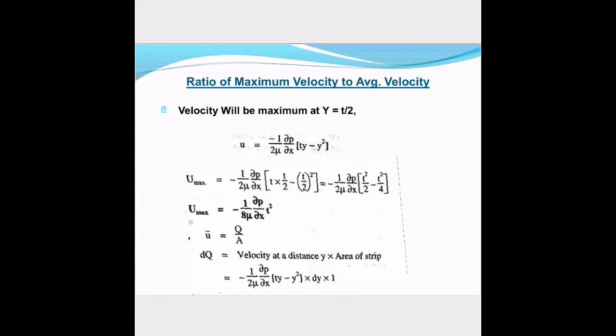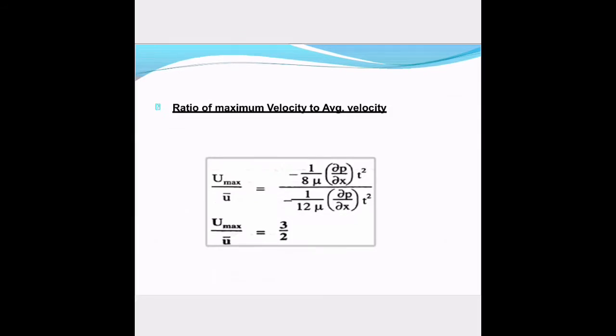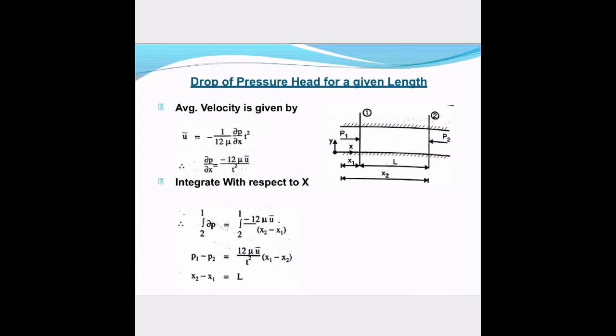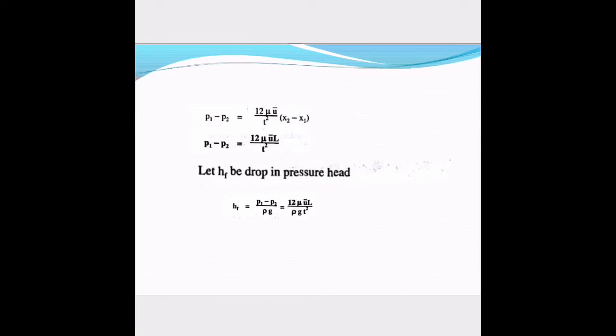To find out the shear stress, we have to consider, we have already discussed this topic, pressure drop, isn't it? Pressure head, that is the height of water, and pressure head is generally denoted by HF.